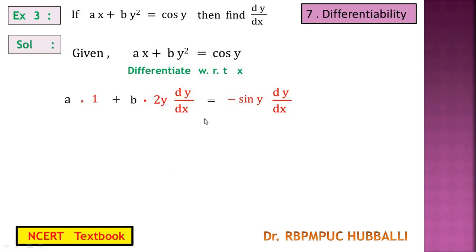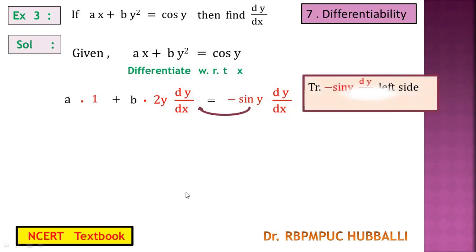Okay, so we have dy by dx on the left side and the right side, therefore bring it to the left side, take the common and get the dy by dx function. Here is the simplification. Minus sin y dy by dx, transfer to the right side, sorry, left side.